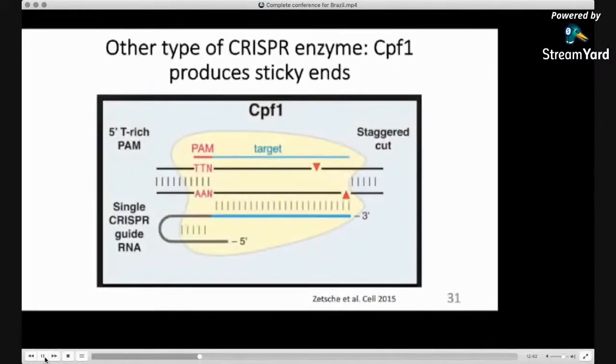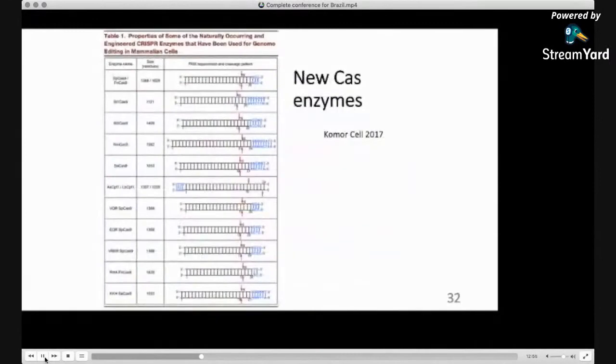Another type of CRISPR enzyme has been identified. It's called Cpf1. It produces sticky ends instead of the blunt cut of the DNA. There is thus a whole series of various Cas9 obtained from various bacteria that require different PAMs.